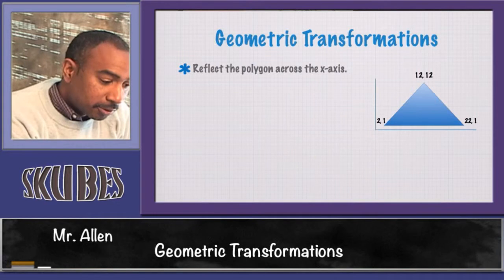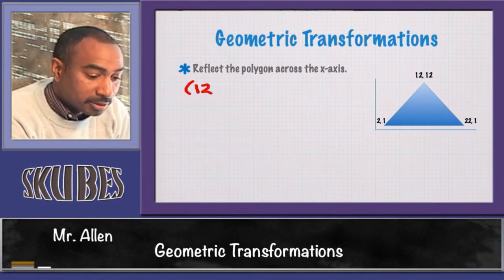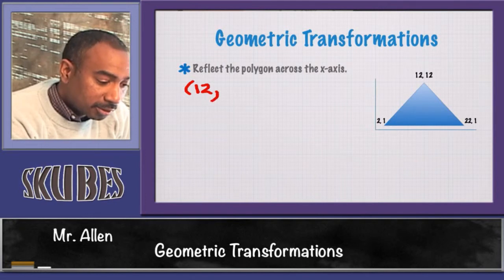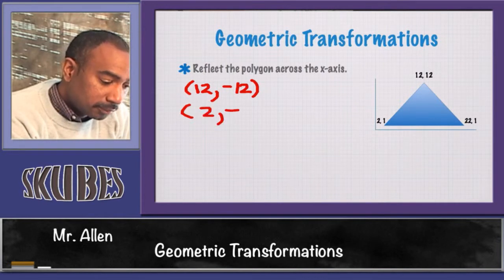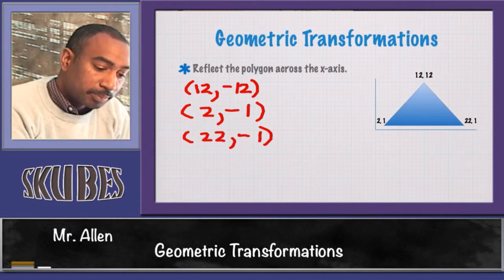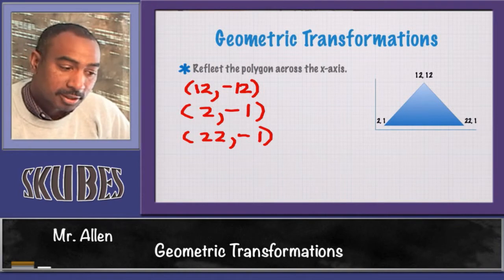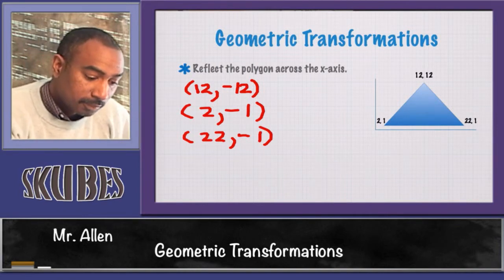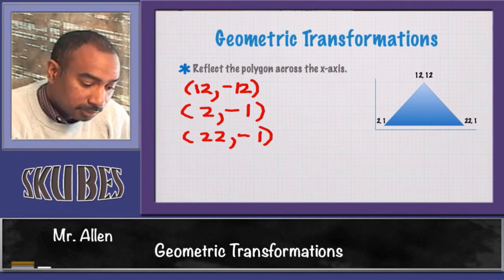So in this case, with the ordered pairs, you're going to take the first ordered pair and leave it the same and add a negative to the y-coordinate. So these will be your new points. And what this does, it'll flip this image over and reflect it across the x-axis. And you should get this image.